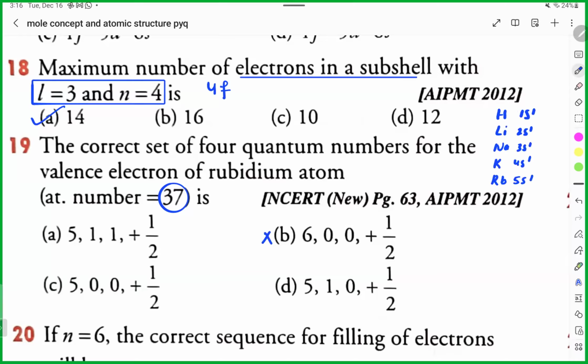So this is not possible. S, it should be 0. It should be 0. These two are not possible. If you know from the periodic classification chapter, rubidium has 5s1. N value is 5. S means 0. Correct? L value 0. Any doubt? And if L value is 0, then m value will also be 0. Yes or no, guys?